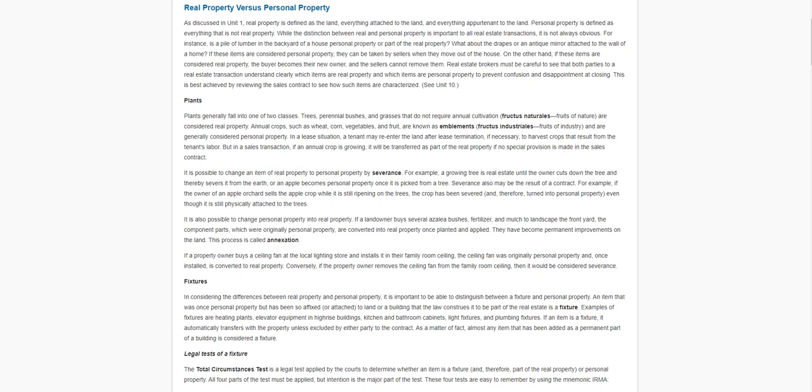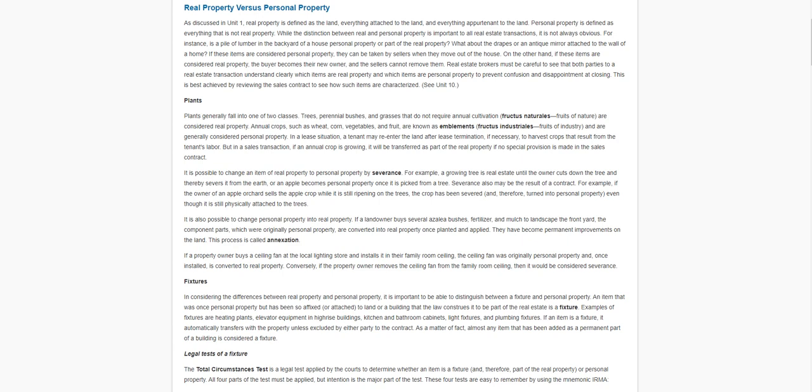If it doesn't require annual cultivation, it is considered real property. Annual crops such as wheat, corn, and vegetables are known as personal property, emblements. But in a lease situation, the tenant has put effort into growing these crops.